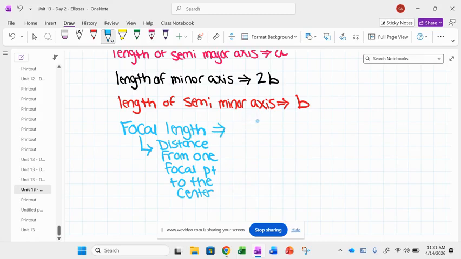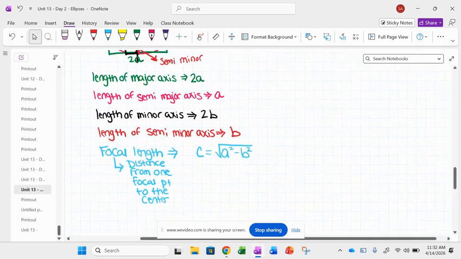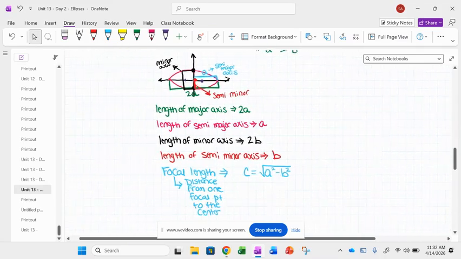And that's going to be c equals the square root of a squared minus b squared. And this is everything about an ellipse that we need to know.